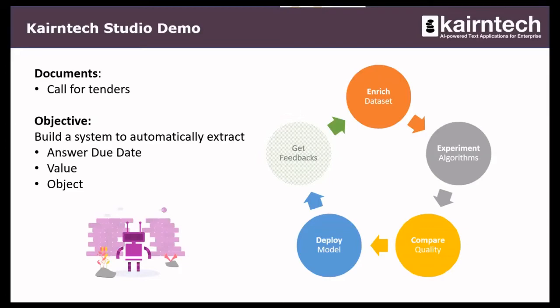For that, we will go through four different steps. The first one is to create and enrich a data set, a set of examples and counterexamples that the machine will learn on. Then we go to an experimentation, meaning that we will test different algorithms to see which one is the best one.